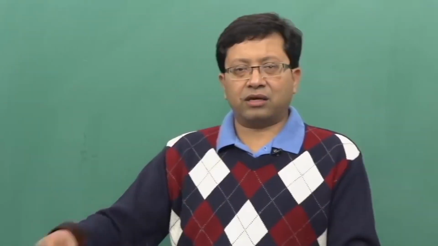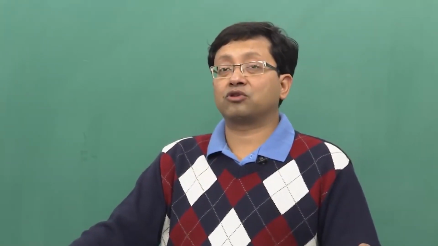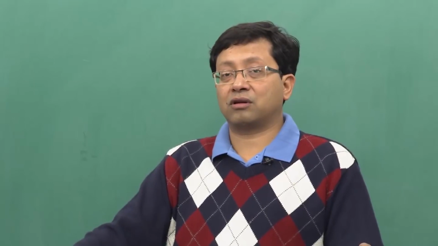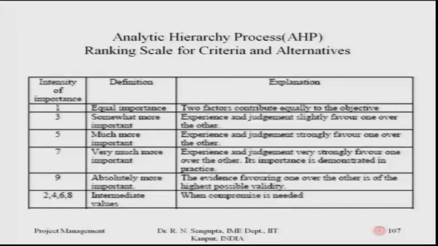So, when the level of importance between two criteria, or when you come to the alternatives also, considering the overall choice, if it is of equal importance, you give a point of 1 between them. Two factors contribute equally to the objective, which is buying the car in this case, hence you give a weightage of 1.